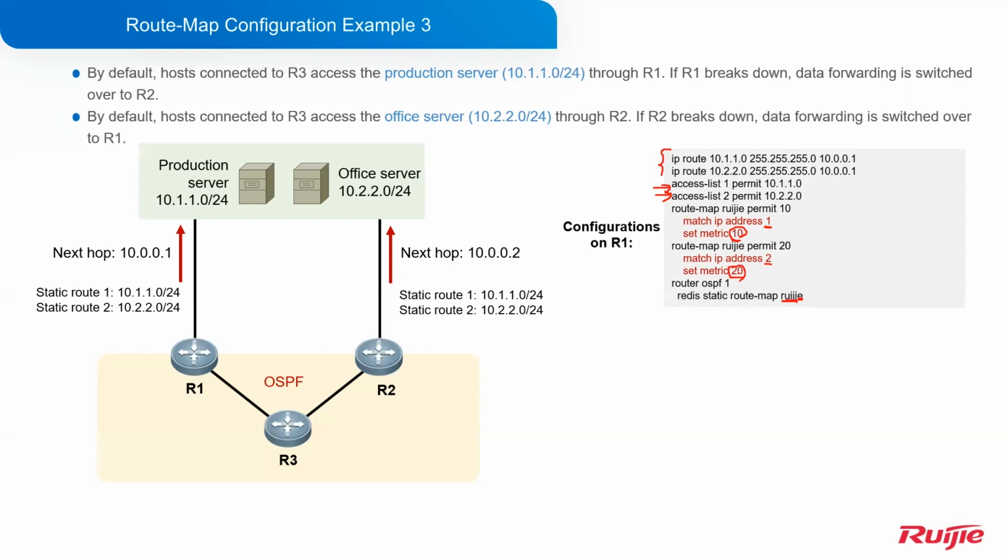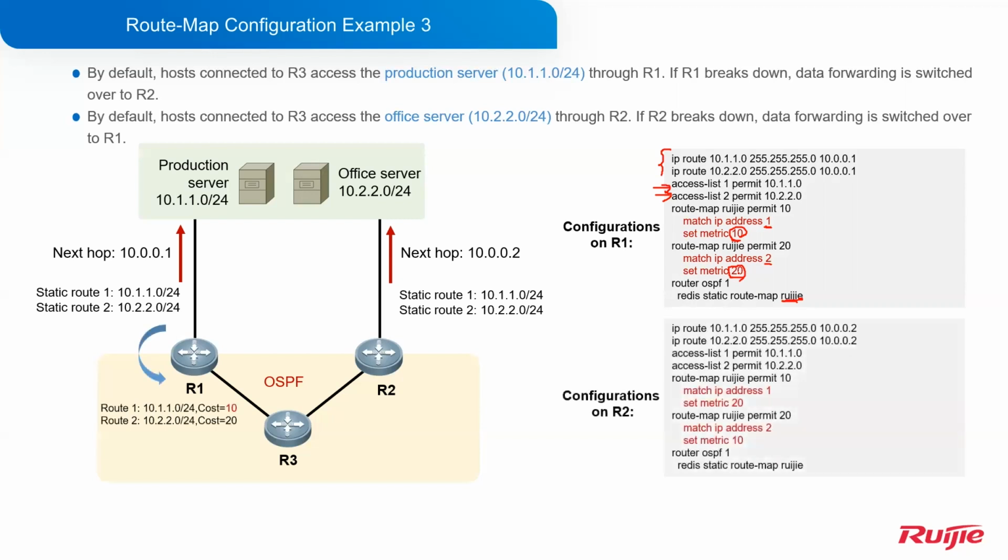I think the configuration on R2 is different. Let's see. You can see the static route configuration is the same. The ACL configuration is the same. What is different is only here. On R2, the routes matched by ACL 1 have a lower priority, while those matched by ACL 2 have a higher priority.